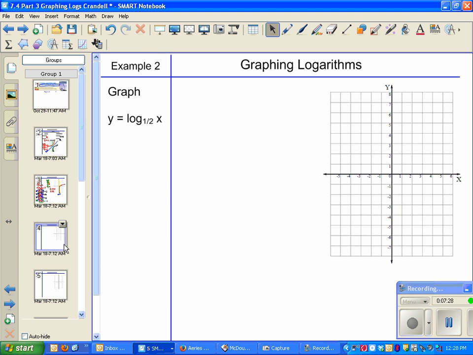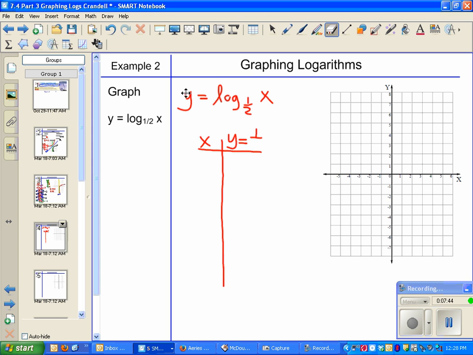Example 2. So I'll rewrite this. We have y equals log base 1/2 of x. And then what we want is to find out some good y values. Okay. All right, so if you know the good x values, go ahead and plug them in all by your lonesome.